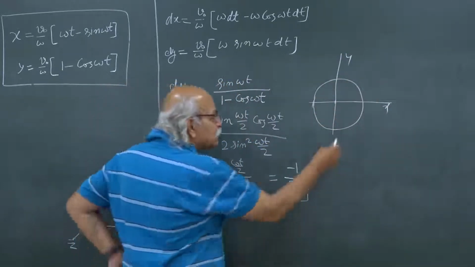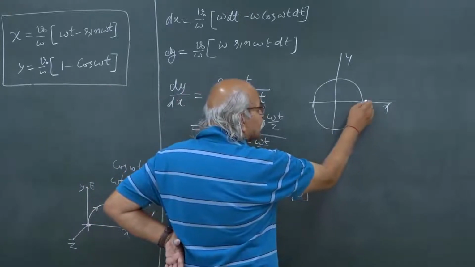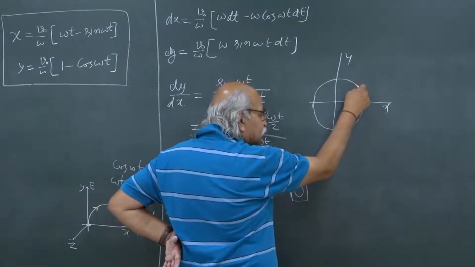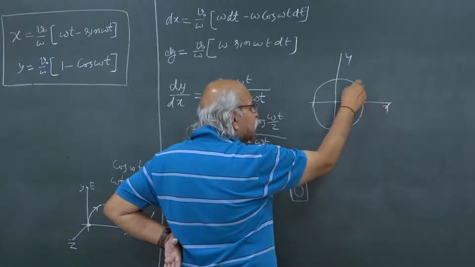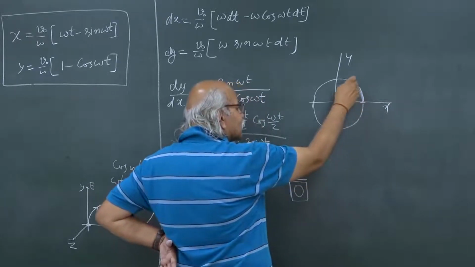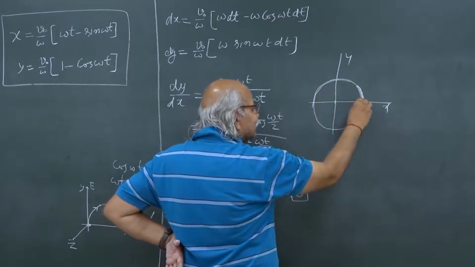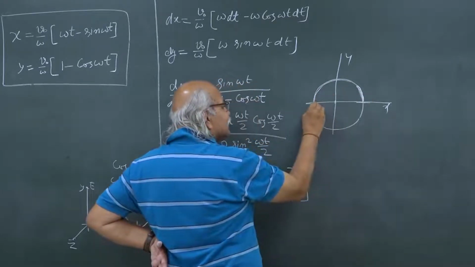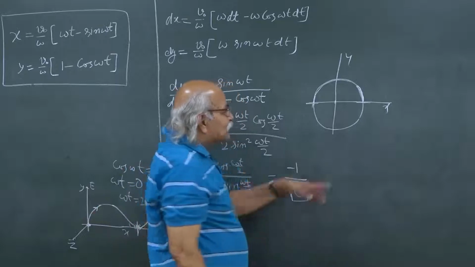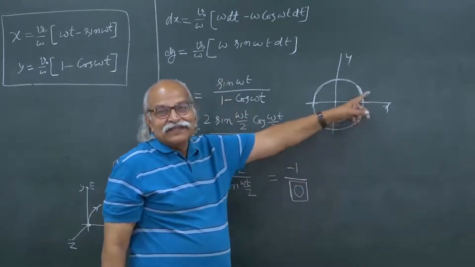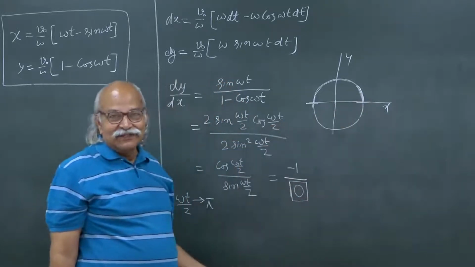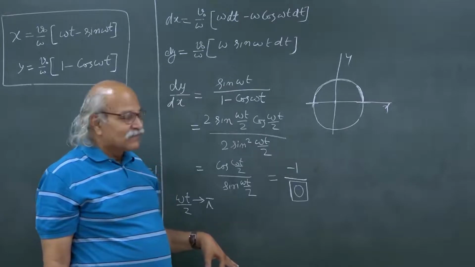So, at this point, if you ask what is the slope, it is meeting this x axis perpendicularly here, it is a semicircle now, this part is a semicircle. So, here the angle is 90 degrees. So, the slope will be infinity. Slope becoming infinity is not very uncommon.